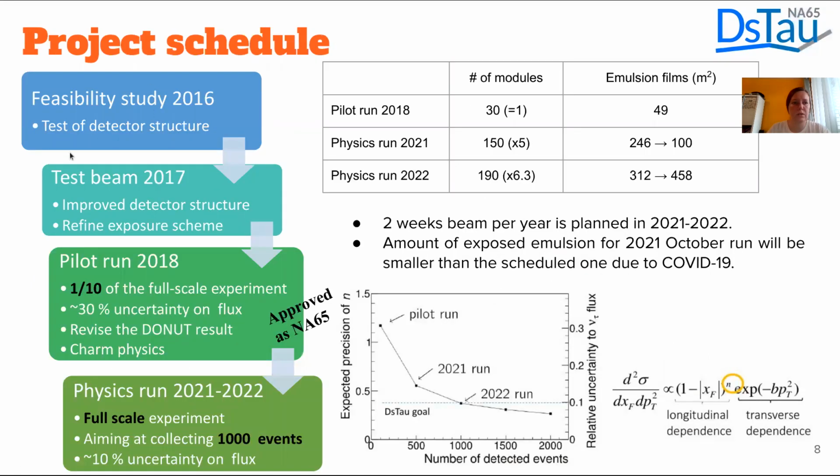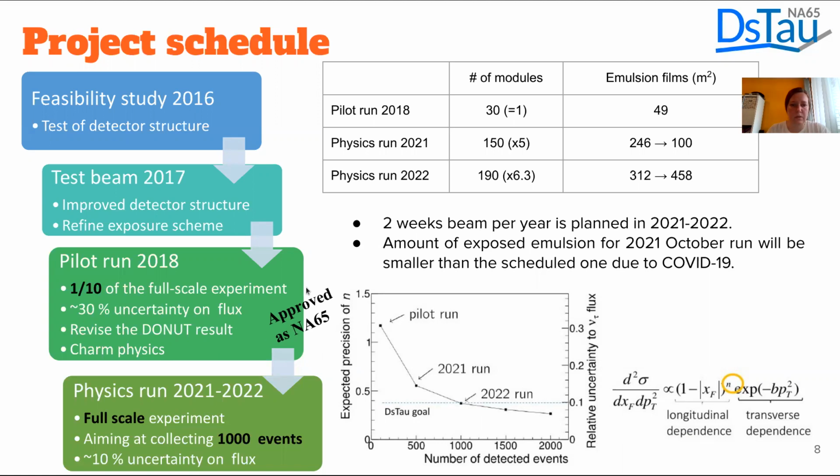We already had two test beams and a pilot run in 2018, where we collected about 10% of full-scale experiment statistics. In principle, these statistics already allow to reduce flux uncertainty to 30% and to revise DONUT results, and also to study charm physics.